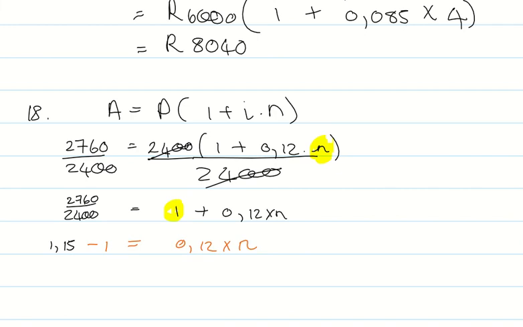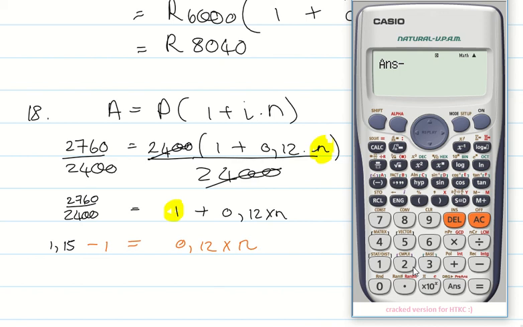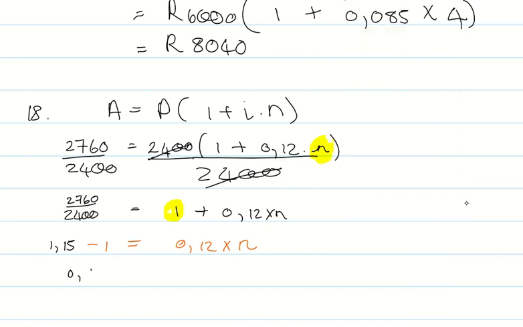I still don't have my n alone. Now, the left hand side: 1.15 minus 1 equals 3 over 20, and that is 0.15. Let's just check. So here I have 0.15 is equal to 0.12 times n.